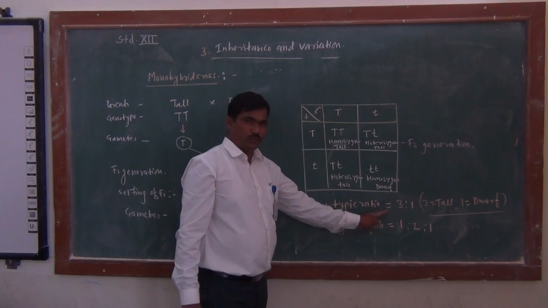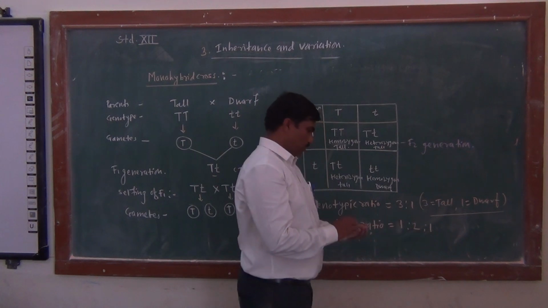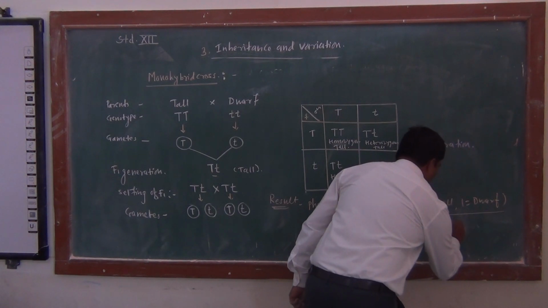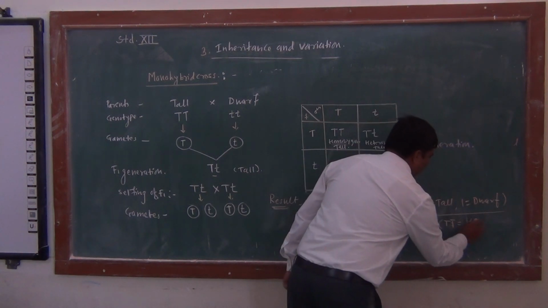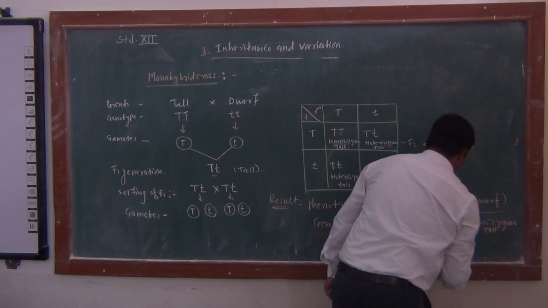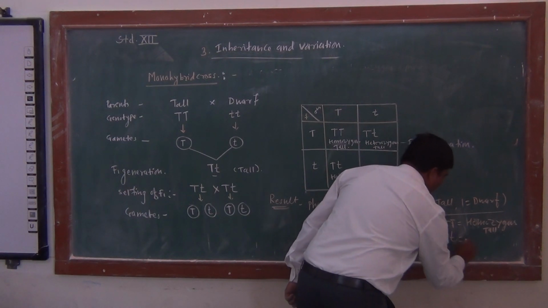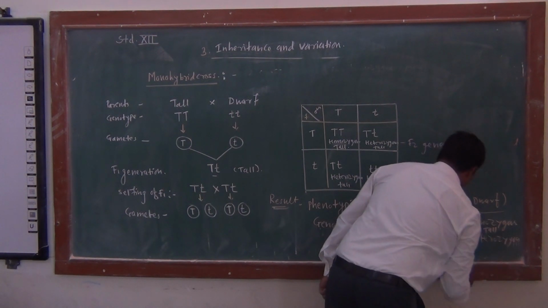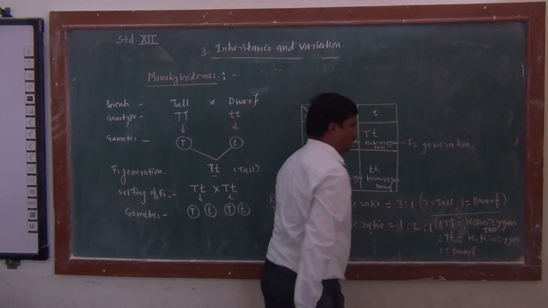The phenotypic ratio is 3:1 and the genotypic ratio is 1:2:1, in which 1 is capital T, capital T, homozygous tall, 2 are capital T, small t, the heterozygous individuals, and 1 is homozygous dwarf.